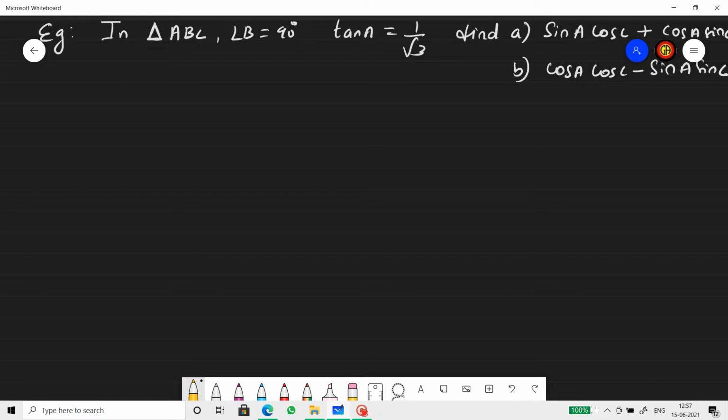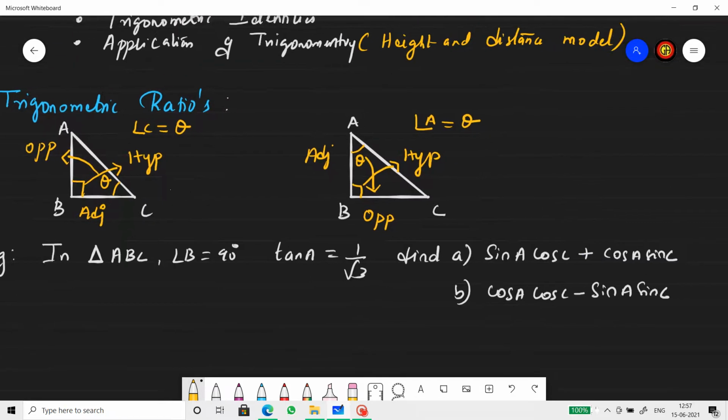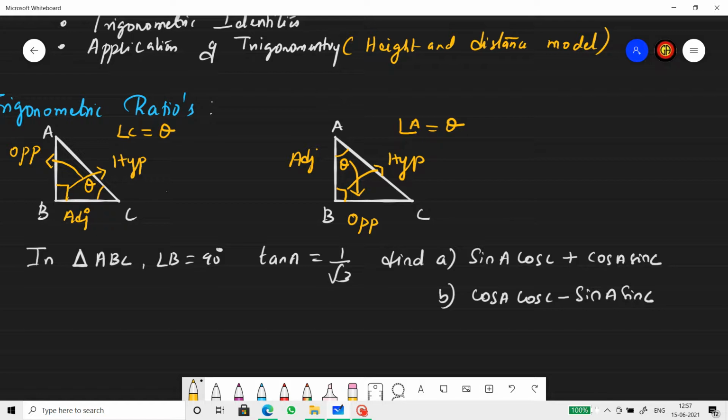Sin theta, I like to do there itself. Going by the first one, case 1, where C is equal to theta, sin theta is opposite side by the hypotenuse side.